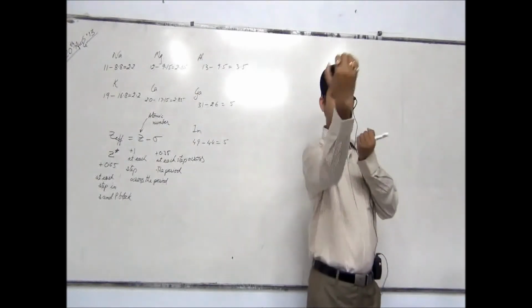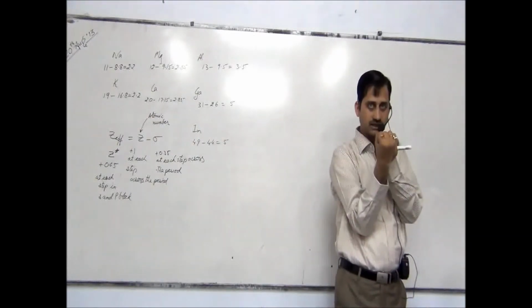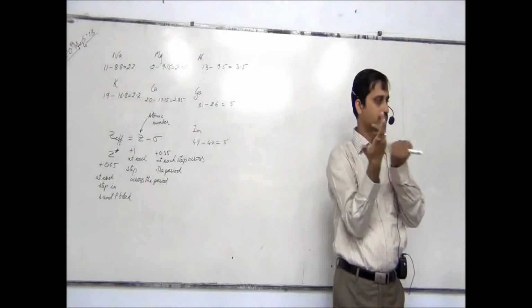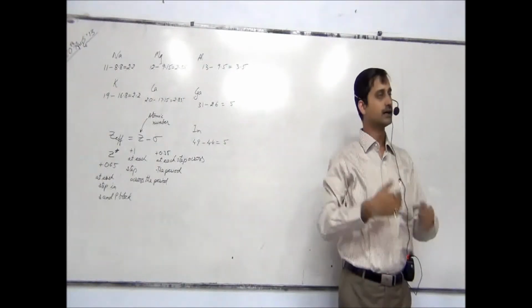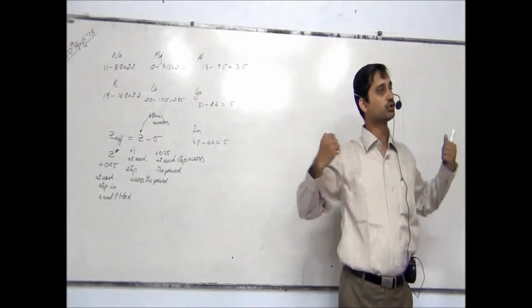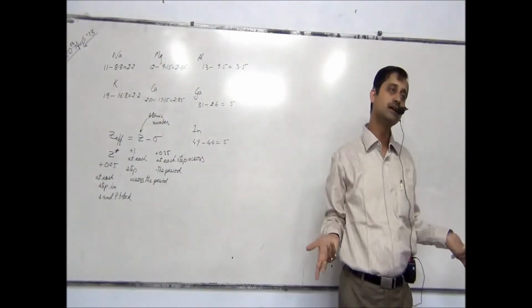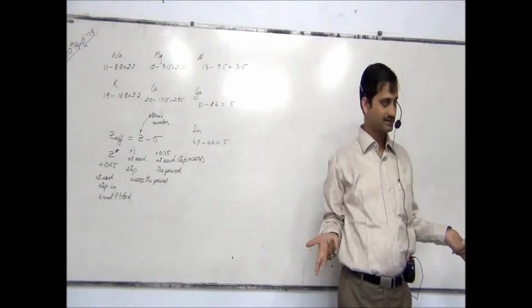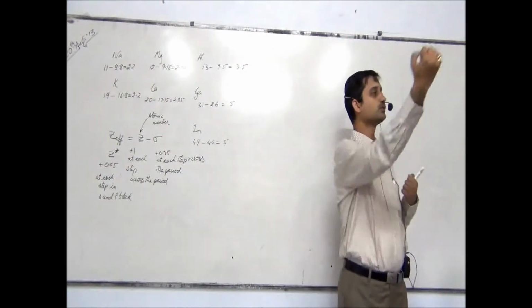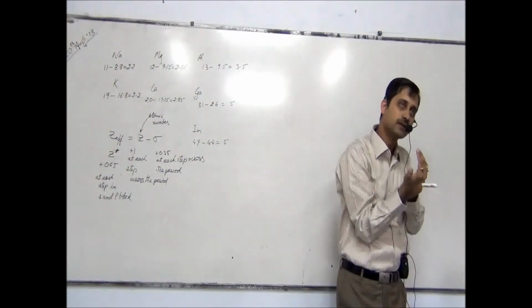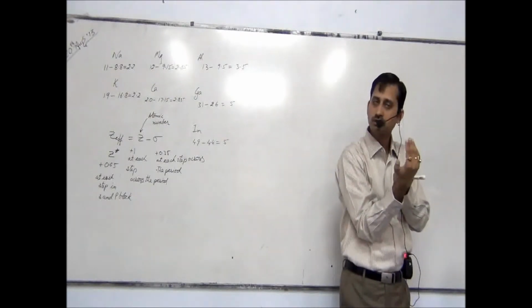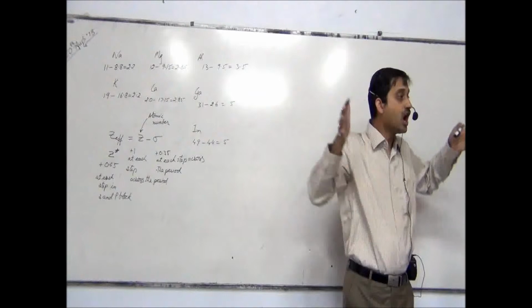If the nucleus attracts the electron towards it, the electron will move nearer to the nucleus. It is not a big thing to say: if you try to open the cap of a bottle, what will happen? The cap will open. In the same manner, if the nucleus attracts the electron towards it, the electron will move nearer to the nucleus. And if the electron moves nearer to the nucleus, the atom is going to shrink.